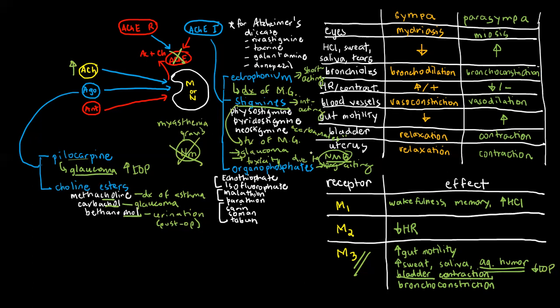In myasthenia, we destroy the receptors, but NMBs block them. And what's the answer? Just like edrophonium, we increase acetylcholine. The stigmines do that, and they can reverse the effects of the toxicity.